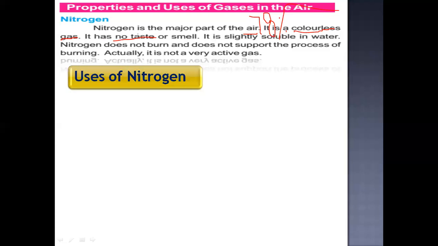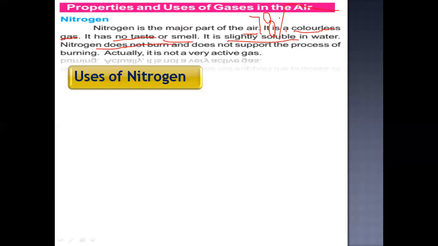So it has no taste and no smell. It is slightly soluble in water, meaning it dissolves only very little in water. Nitrogen does not burn.